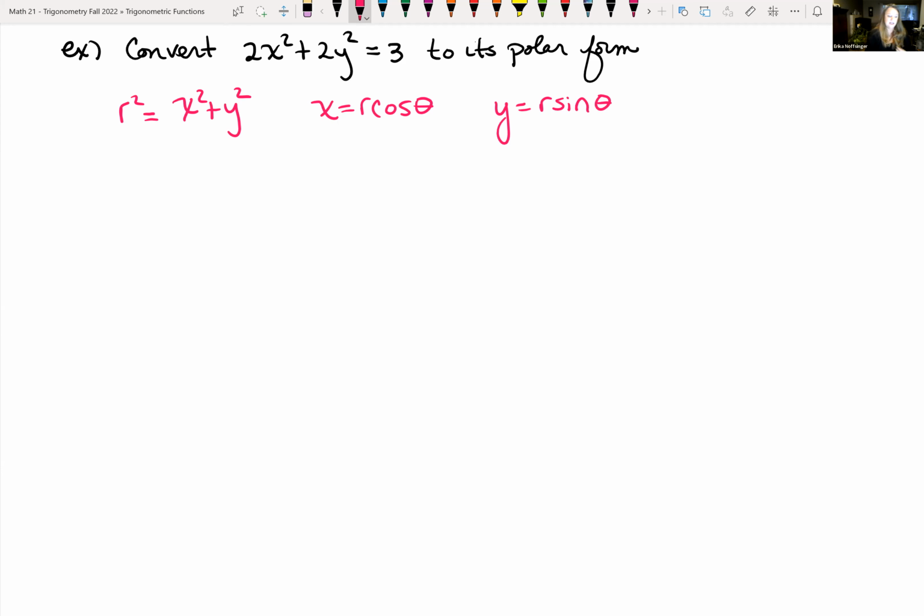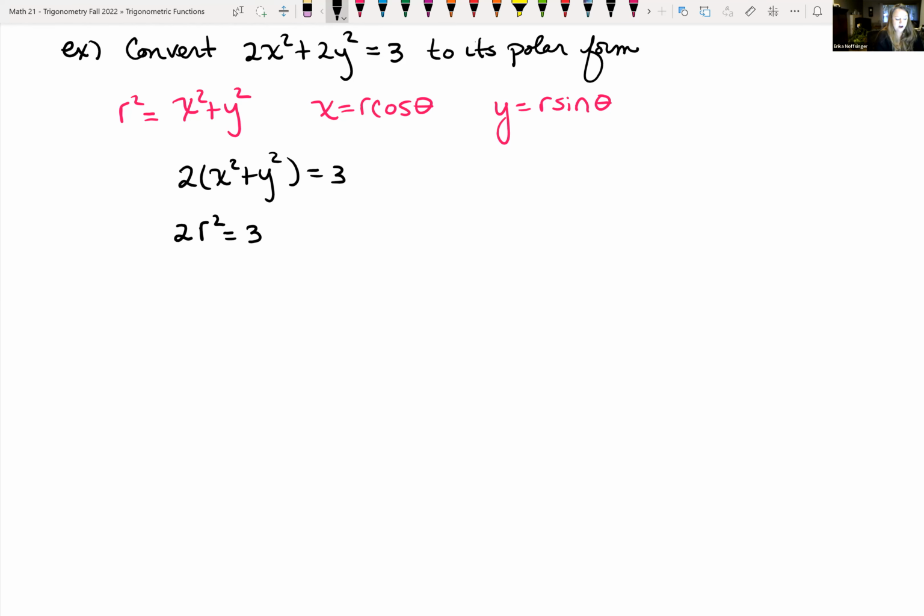When you're converting these rectangular equations into polar form, you are trying to look for things like this. I notice I have x squared plus y squared in here. I just need to factor out that 2. So I would have 2 times the quantity x squared plus y squared is equal to 3. And x squared plus y squared we said was r squared, so 2r squared equals 3.